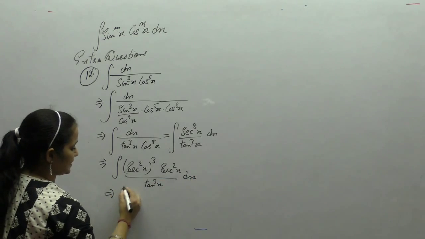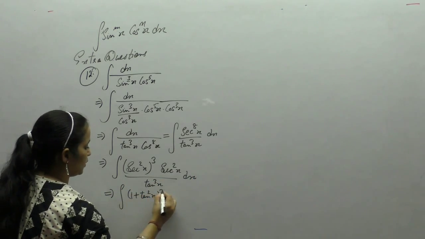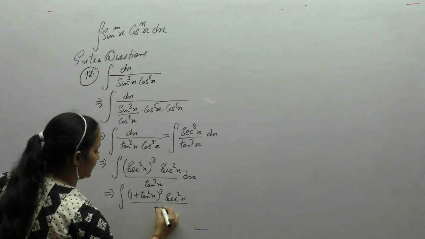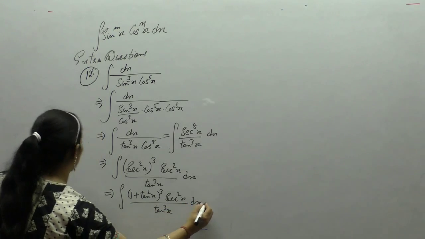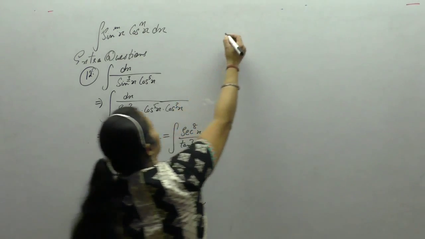Write sec square as 1 plus tan square x whole cube upon tan cube x dx. Now put the value tan x as t.